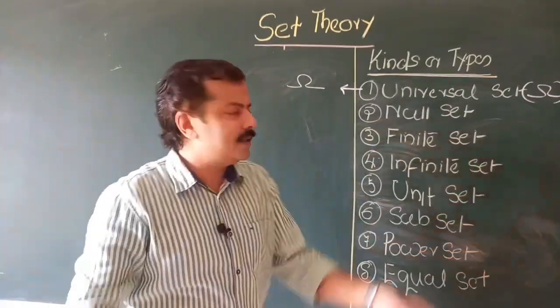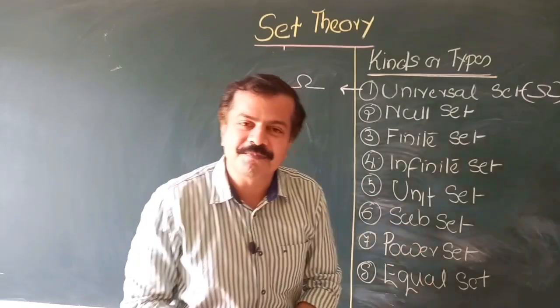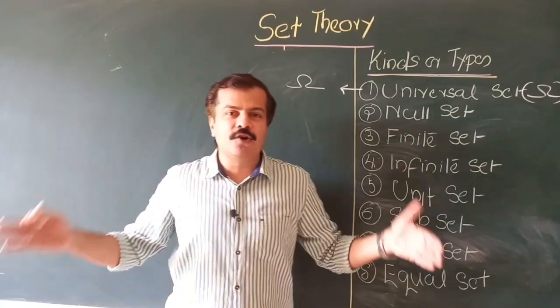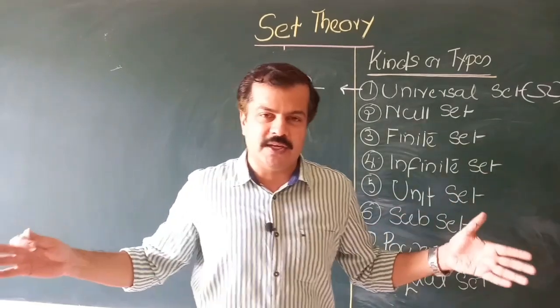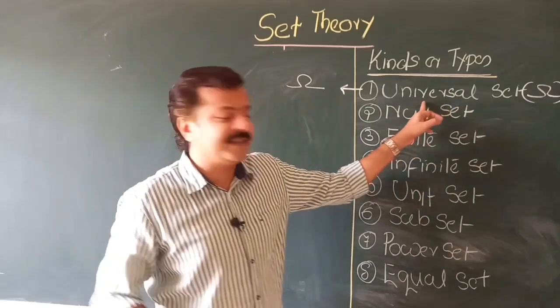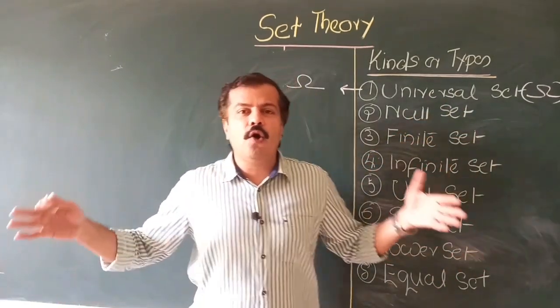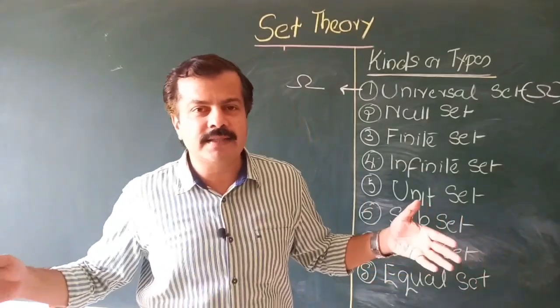All other sets are subsets of the universal set. We will explain the meaning of subset a bit later. Everything is included in the universal set. As the name itself says, it is universal.